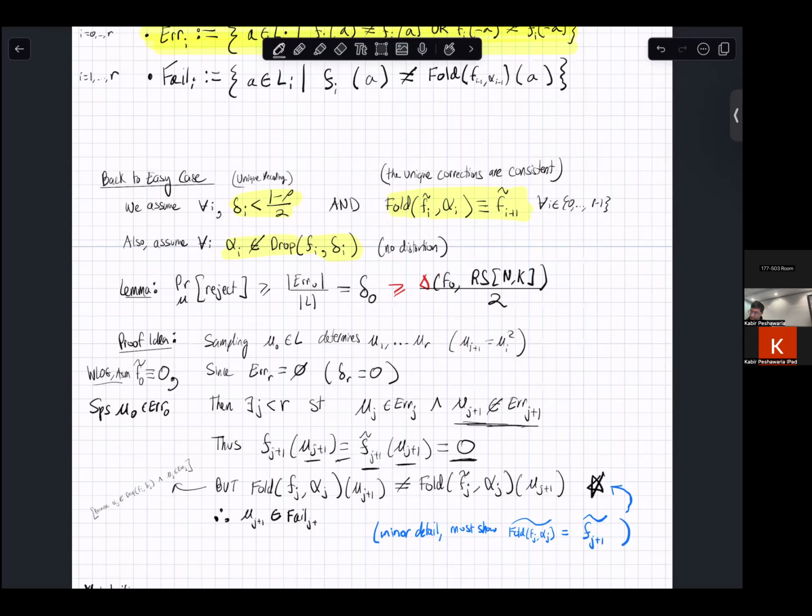But, and here's a claim that requires proof, if I fold fj at alpha j at mu j plus 1, then I should not get the same thing as if I folded 0 at alpha j at mu j plus 1. Basically, this folding should not give me 0 at the mu j plus 1 position. This requires proof.